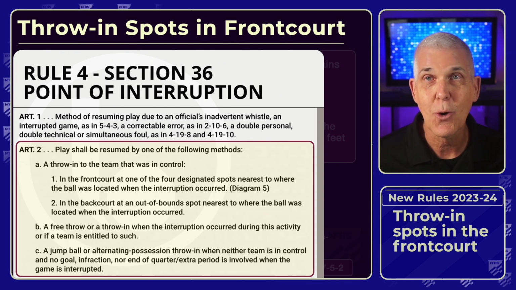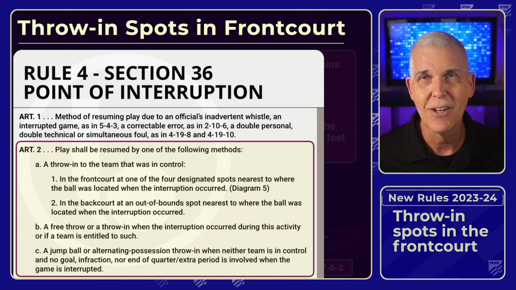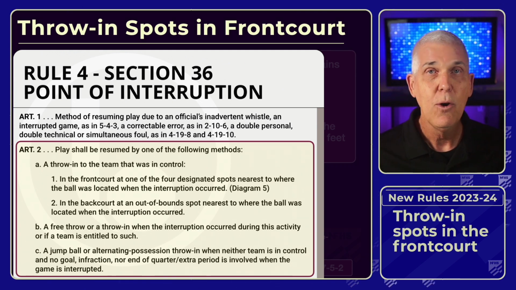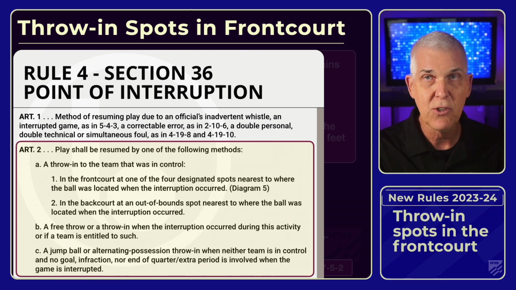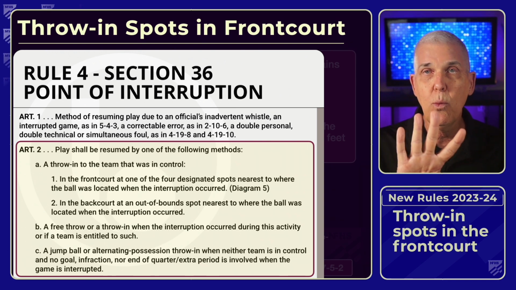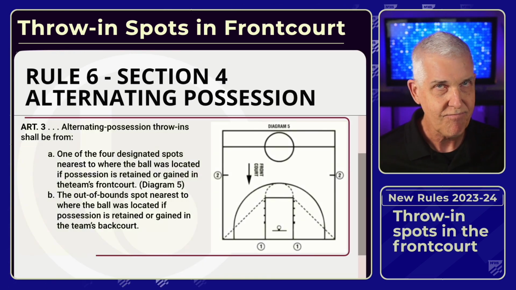Small child runs onto the court, or a ball inadvertently rolls onto the court. We stop play. We're going to the point of interruption. If the point of interruption was team control in the front court, we will resume play with a throw-in at one of the 4 spots.